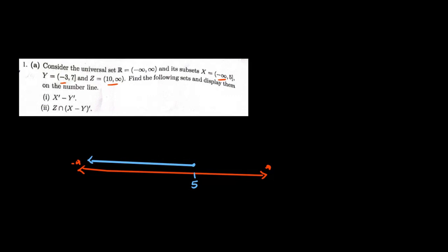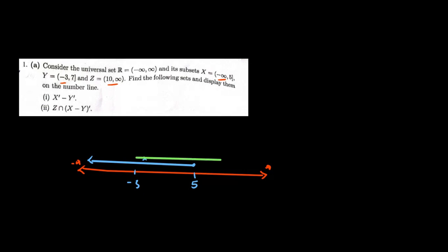Then we have the set Y. Set Y, it's at negative 3. So we can say negative 3 is here. We can put this also in a different color. It goes from negative 3 all the way up to 7. So you can say our 7 should be somewhere there.